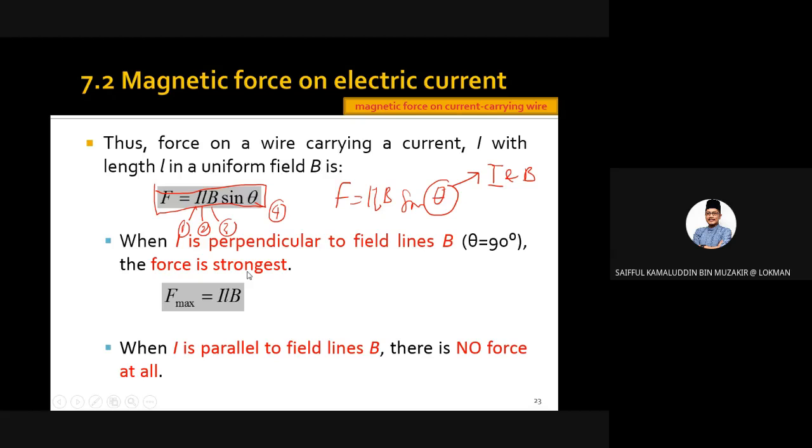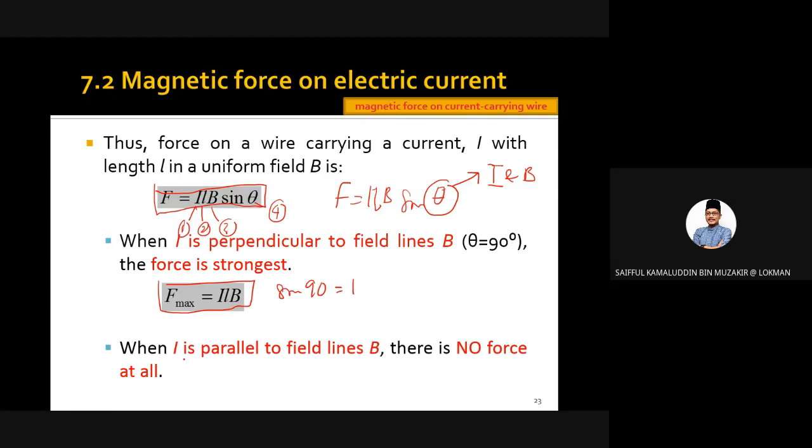Because sine 90 degrees equals 1. So if theta is 90 degrees, the formula we could use is F equals ILB, because sine 90 equals 1, and it can be omitted from the formula.